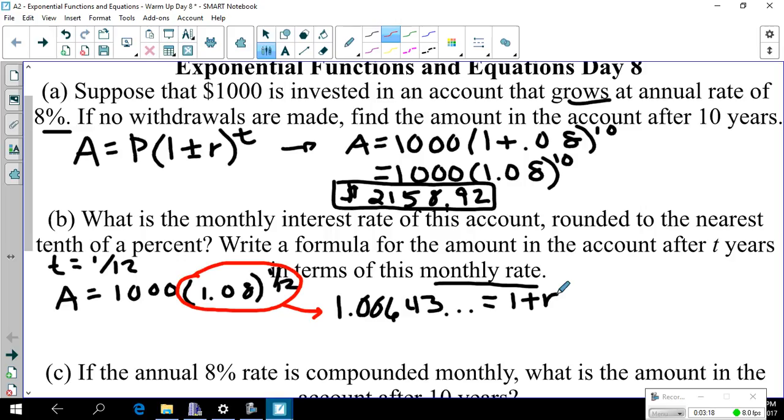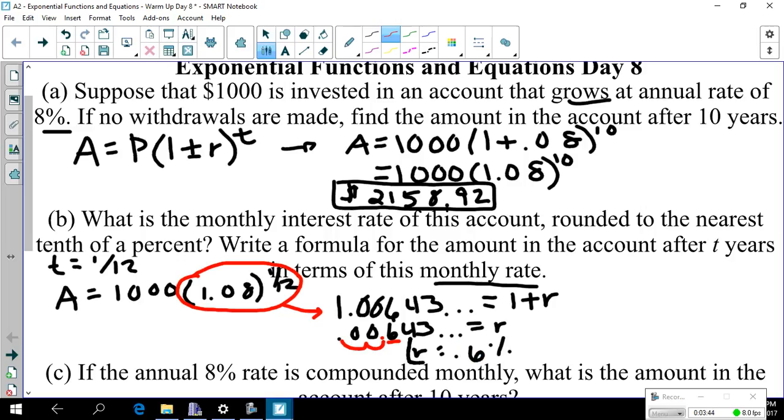So if I want the rate, the R value is 0.00643. That's R. It says round to the nearest tenth of a percent. Well, remember, if I want it as a percent, I have to move the decimal place 2 places to the right. The nearest tenth of a percent would be 0.6%. So R is about equal to 0.6%.